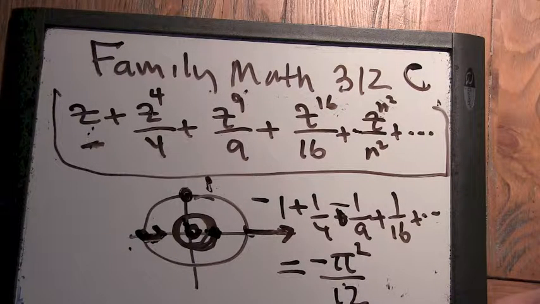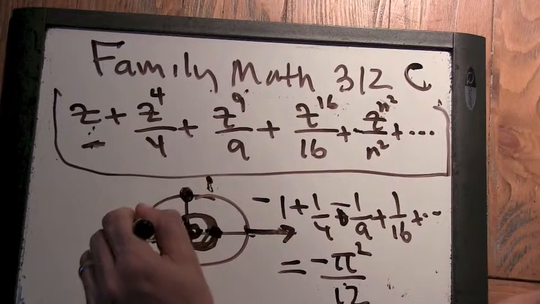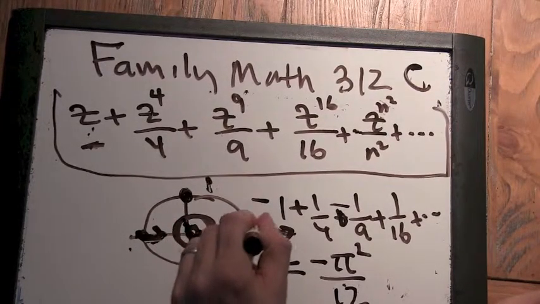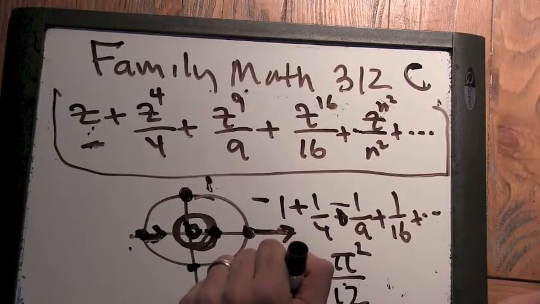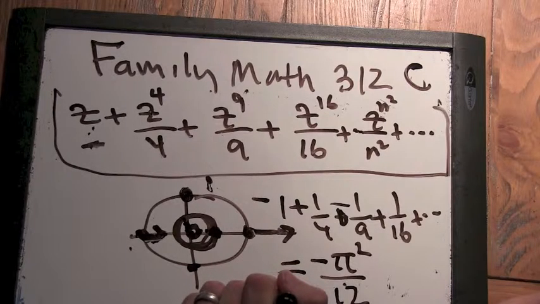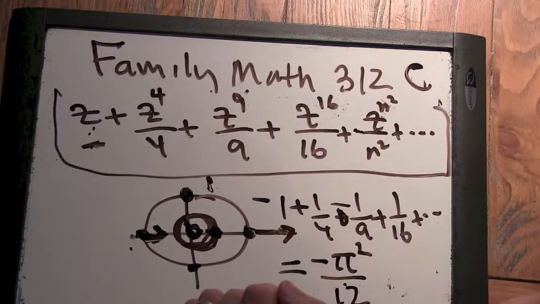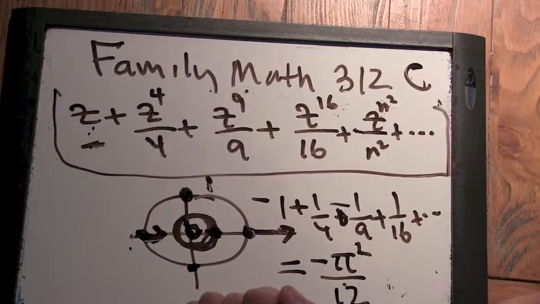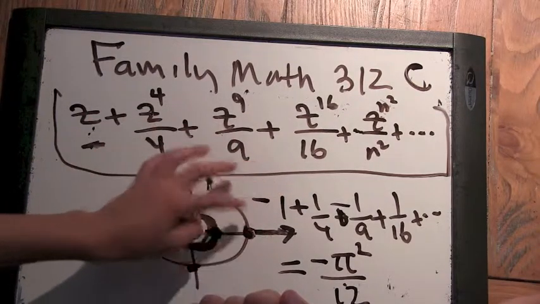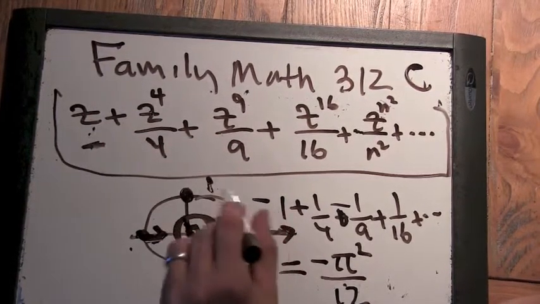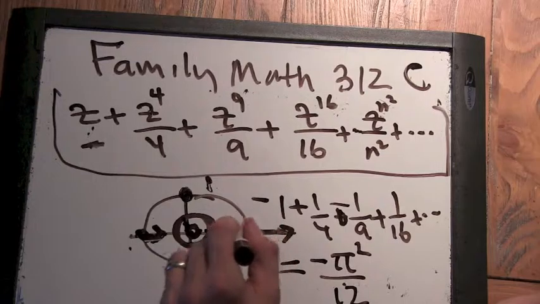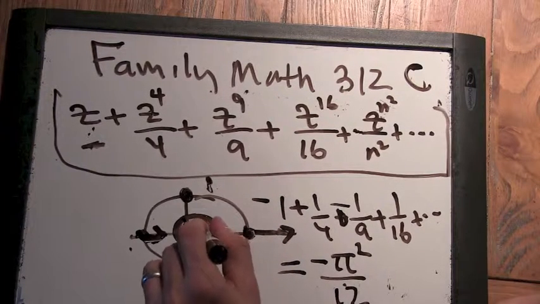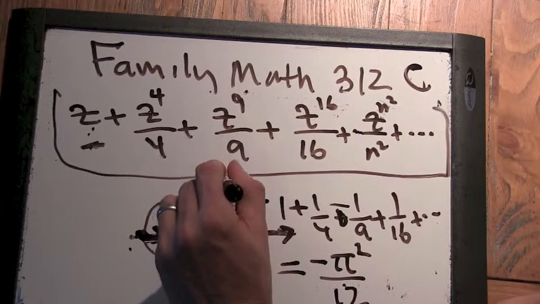So i to the first, i squared, i cubed, i to the fourth is 1. Does that help you see what i to the 16th is? Then it would be 1, because you just do this 3 more times. Keep going around. So i to the 16th is 1, so I divide by 16, and I go across this way just a little bit more.